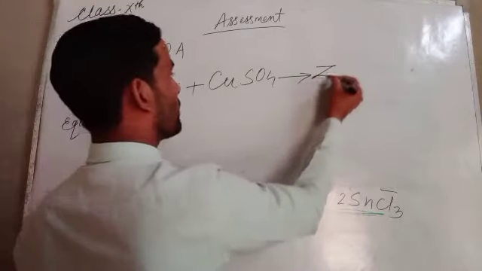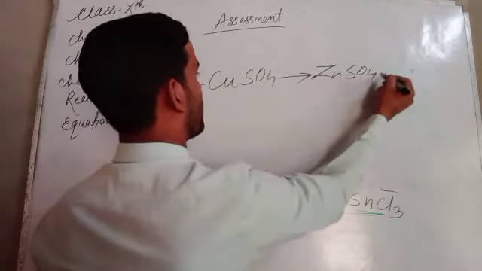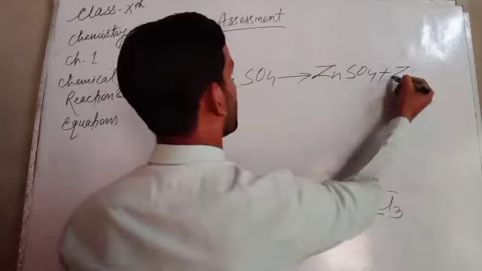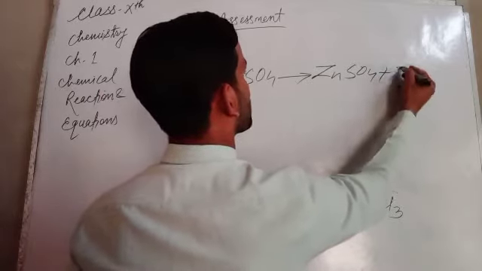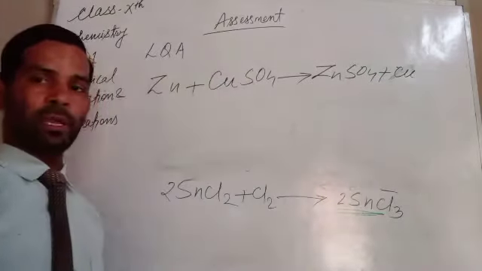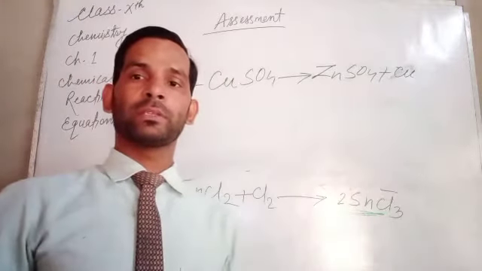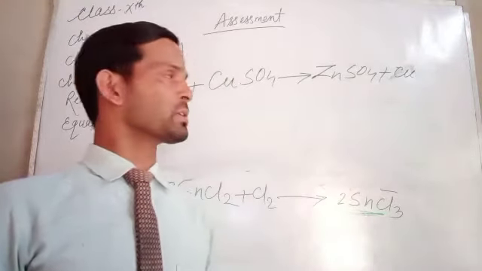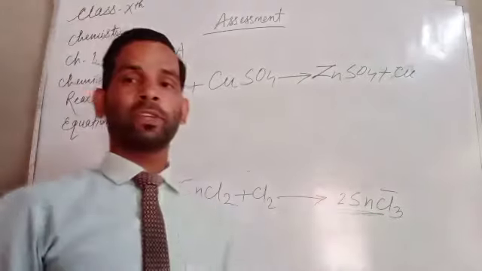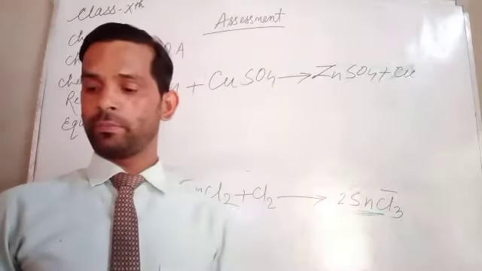There will be zinc sulfate plus copper formed. This is the equation, the reaction that takes place when copper sulfate reacts with zinc.